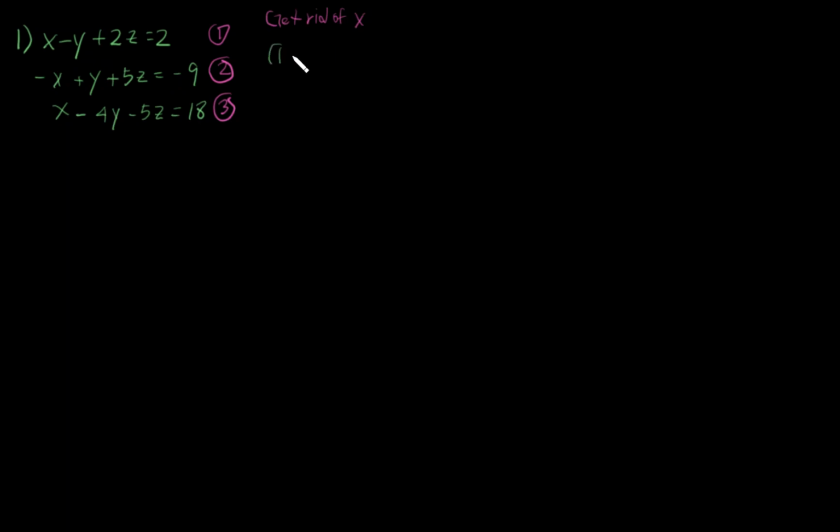We have our first equation, which is x minus y plus 2z equals 2, and our second equation, which is negative x plus y plus 5z equals negative 9.